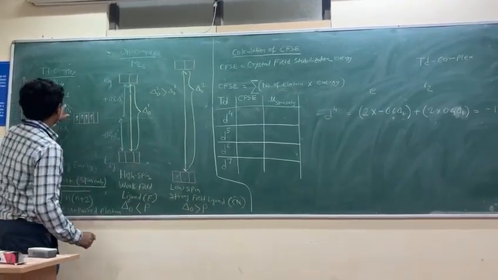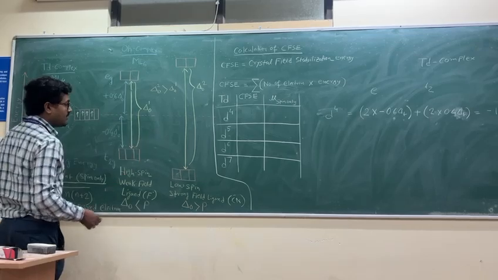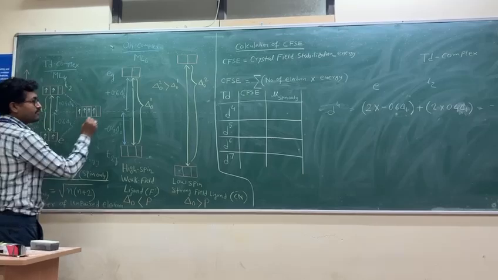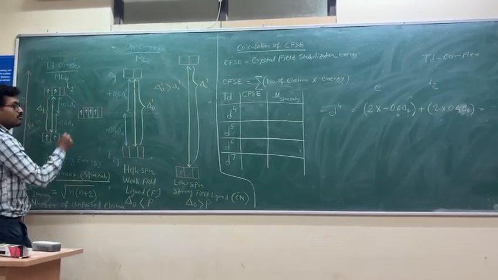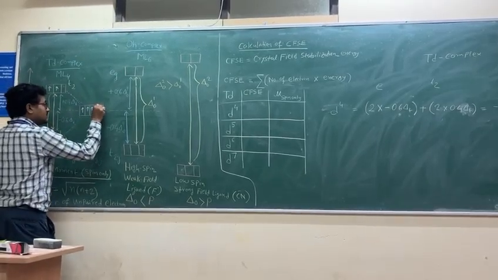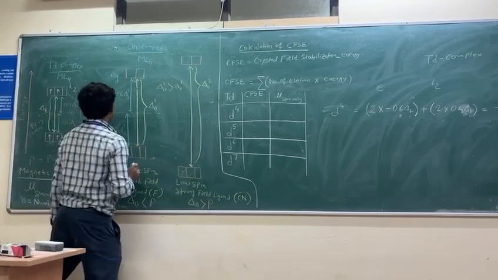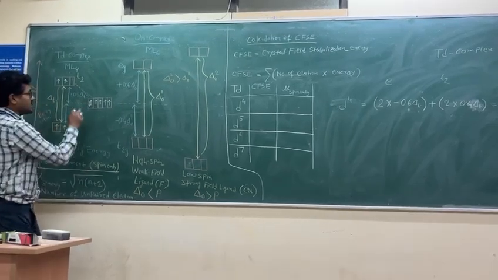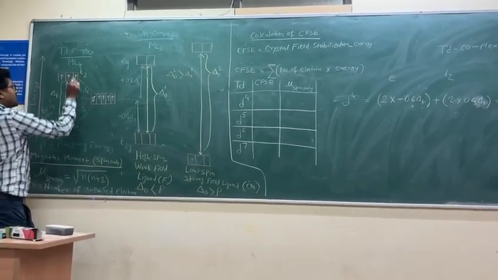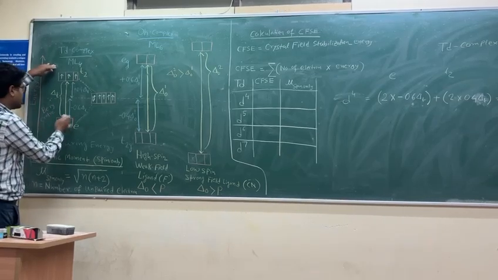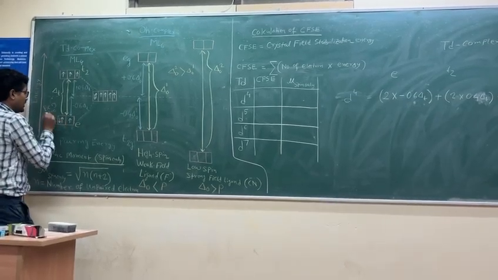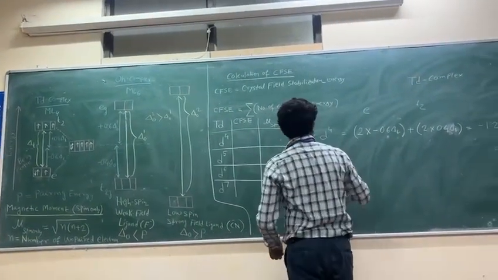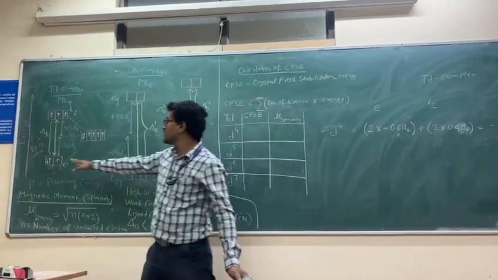Now if we check the CFSE value for D6 system, D5 I am not calculating, you can calculate it the same way. Now D6 system, D6 means there are 5 electrons, now 1 extra electron here. Right? Now with 5 electrons all are half filled, so the 6th electron will come here in the E level, the lower level. Now total number of electrons, for D6 system, CFSE value will be, same way you can calculate. Now in E level total number of electrons is 3.